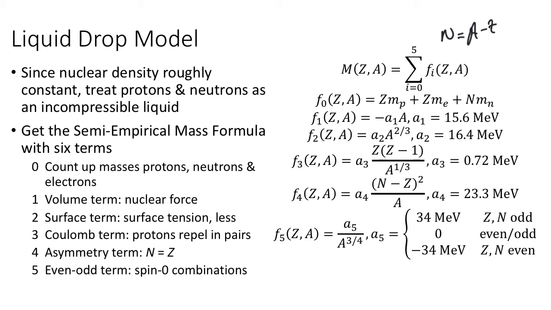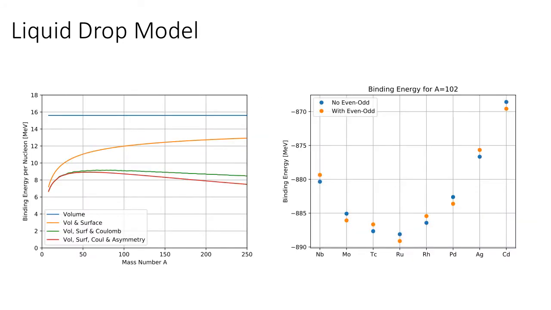So those are the 6 terms in the semi-empirical mass formula. I wrote a program to calculate how this affects things as a function of Z, and I'll post that on the website. But the examples are here.